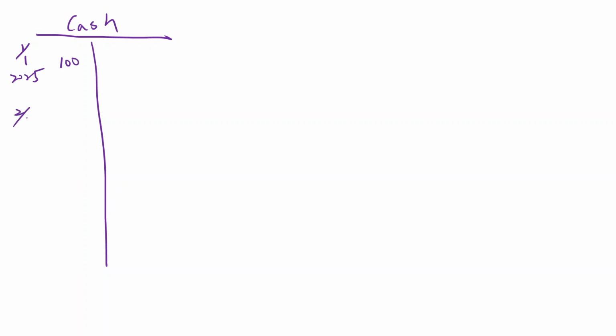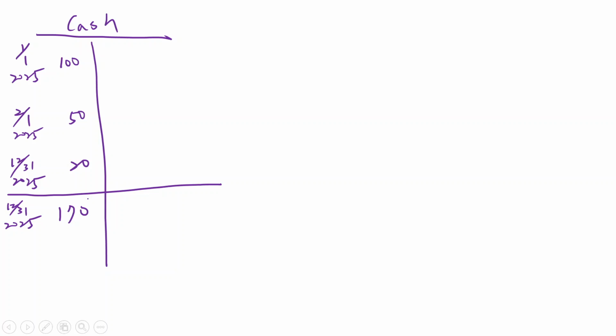Then February 1st, 2025, I have a cash 50. Then on the last day, 2025, I have a cash 20. So totally, you have the cash on 2025, how much? $170, right?